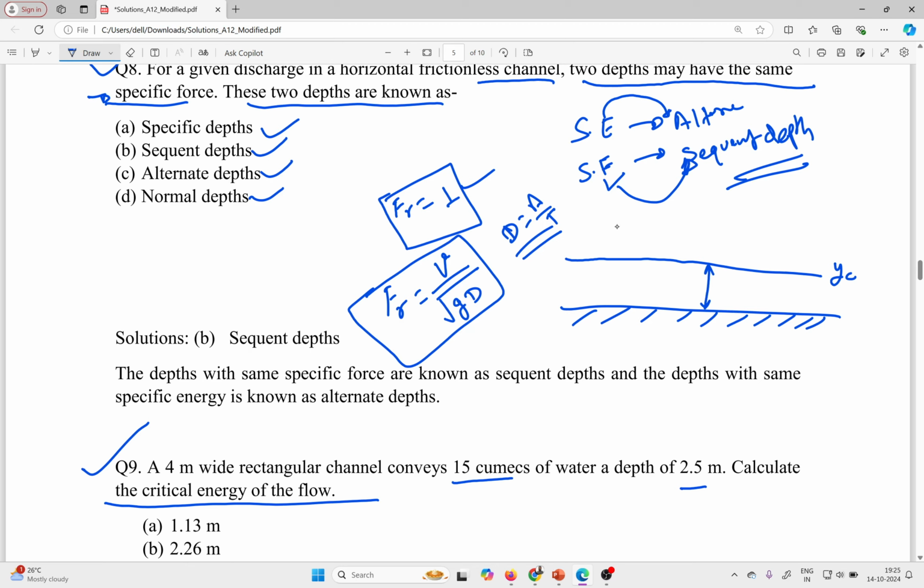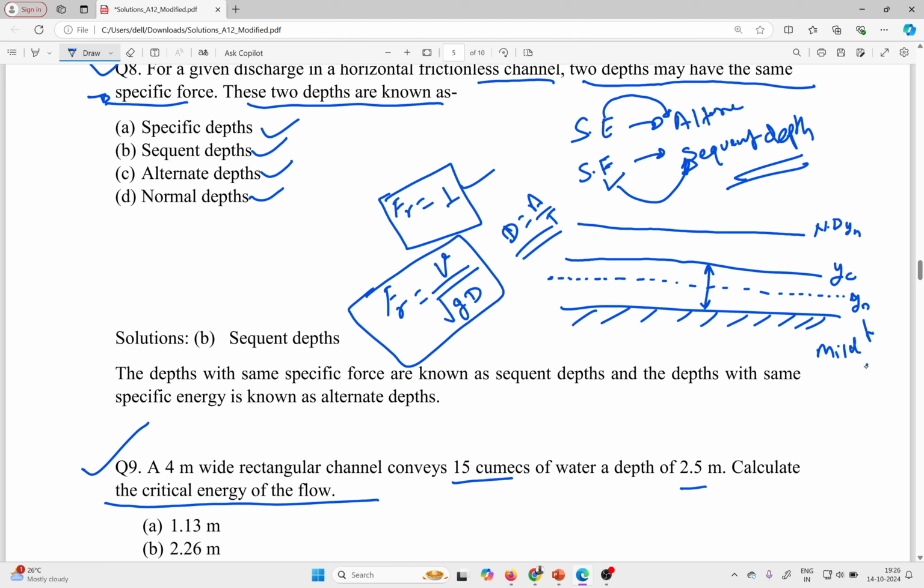Any flow above the critical depth is known as normal depth, in case the slope is mild. If the slope is steep, then your normal depth will be below the critical depth.